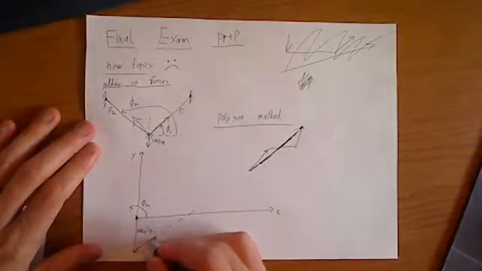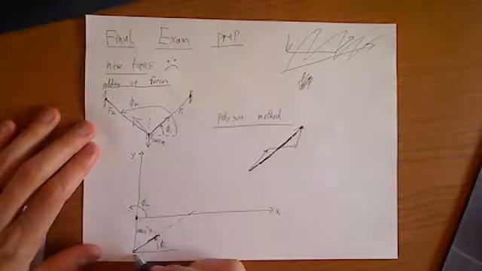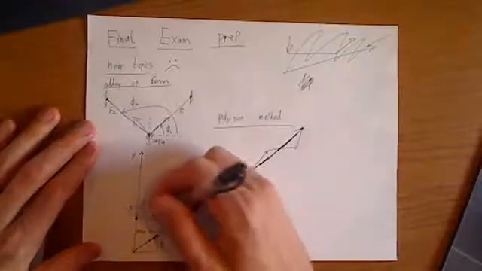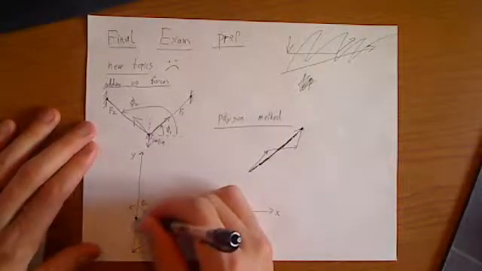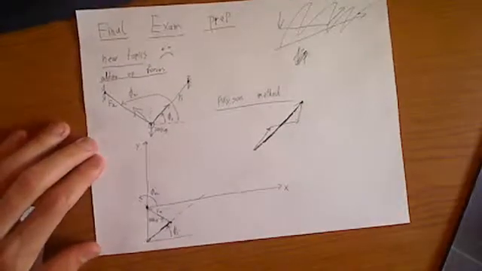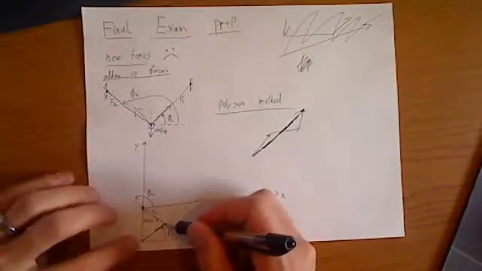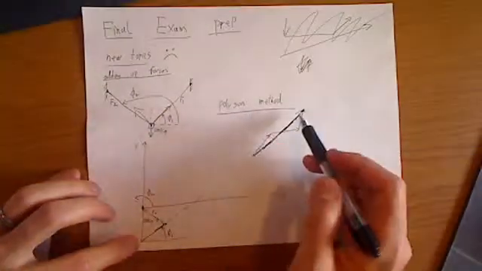And F1 will be this little vector here, and then F2 will be this vector. If you do everything right, you'll always get a little polygon like this, and that's why it's called the polygon method.